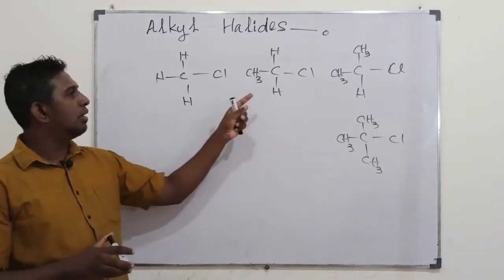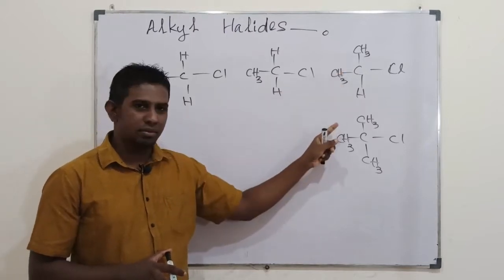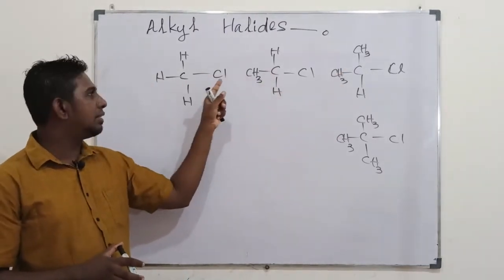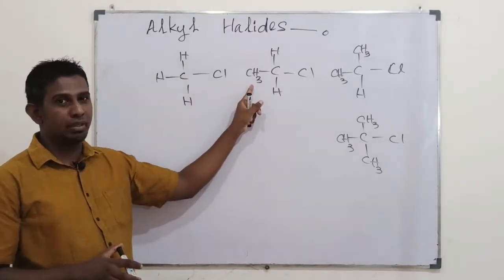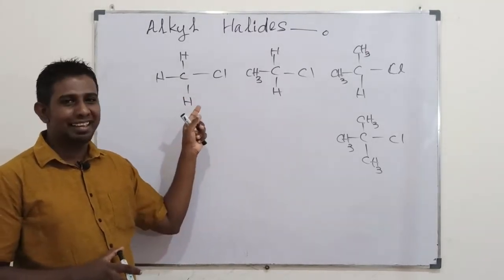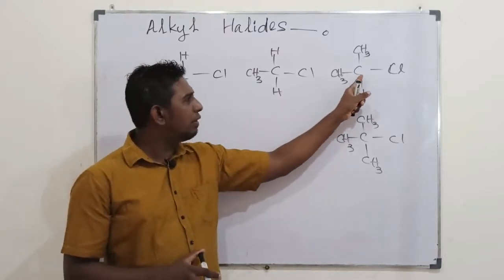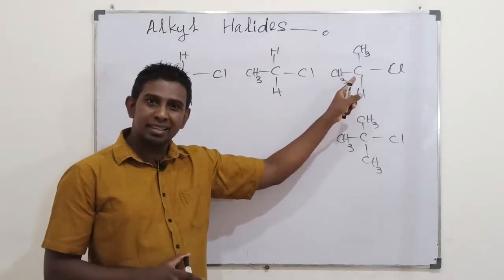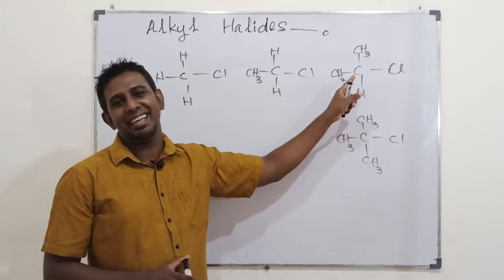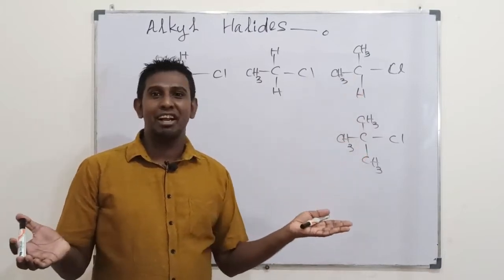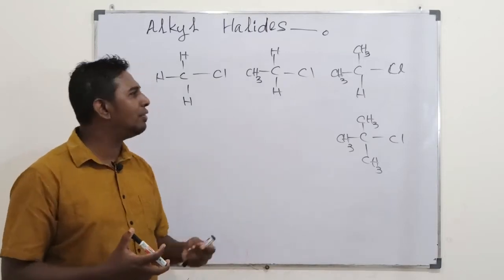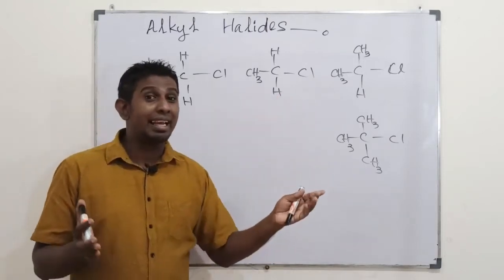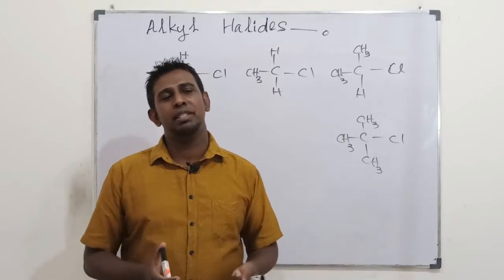When you have less than two, it's primary. It's either no alkyl groups or one alkyl group. It's a primary alkyl halide. When you have two alkyl groups, it's a secondary alkyl halide. When you have three alkyl groups, it's a tertiary alkyl halide. You have such different alkyl halides being possible.